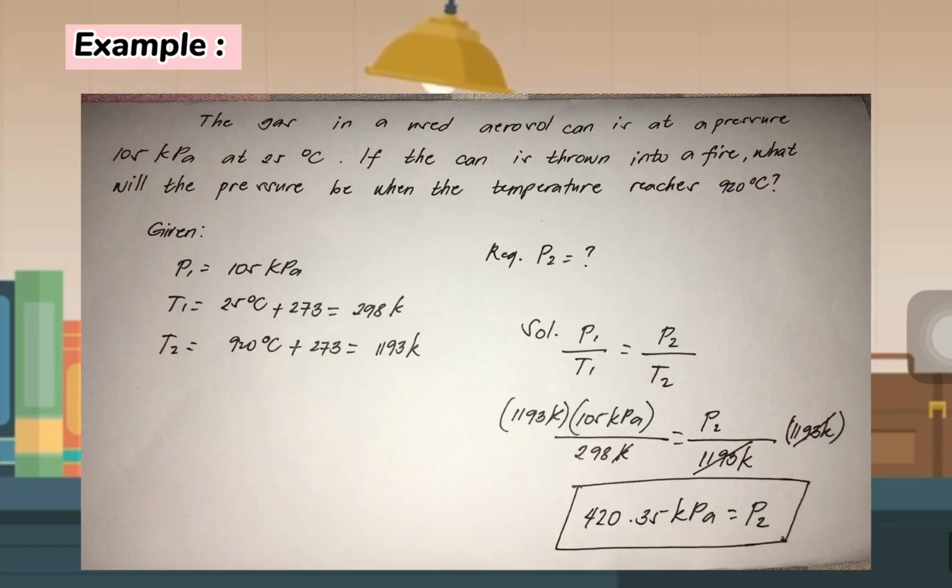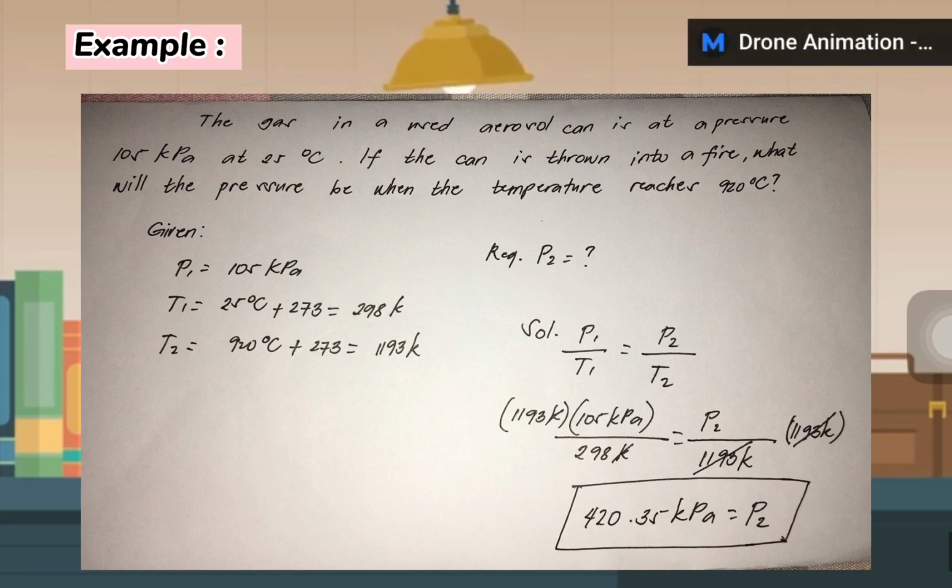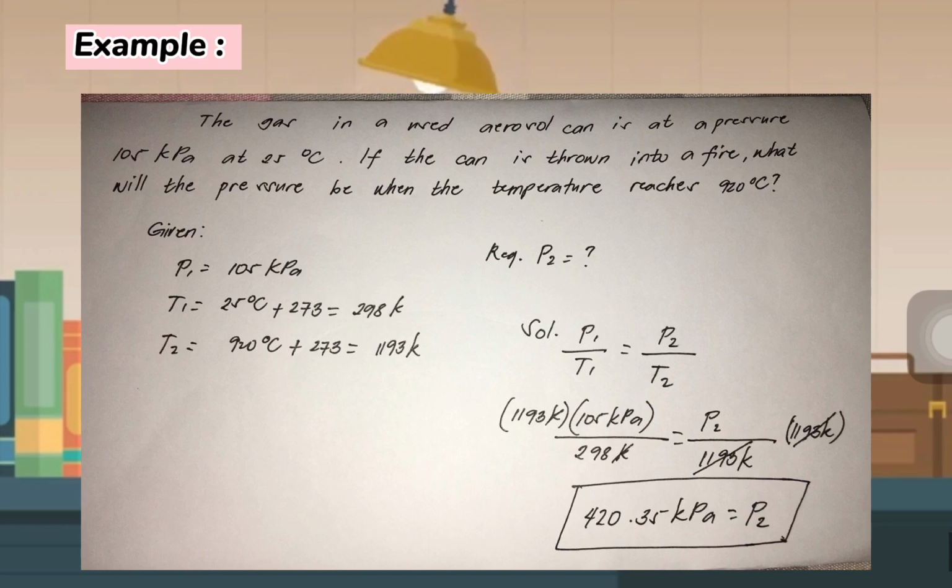And here are the examples. The gas in a used aerosol can is at a pressure of 105 kPa at 25 degrees Celsius. If the can is thrown into the fire, what will the pressure be when the temperature reaches 920 degrees Celsius? So our given will be, first pressure is 105 kPa, then first temperature we have 25 degrees Celsius.